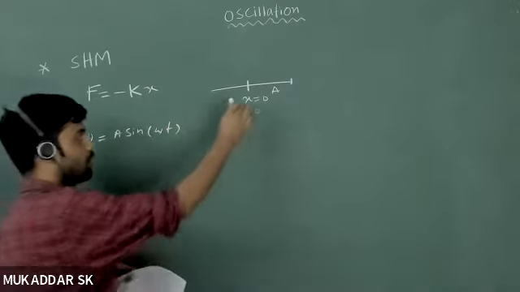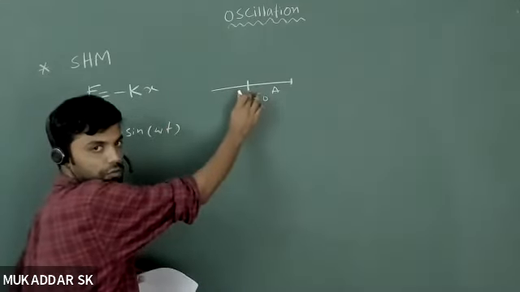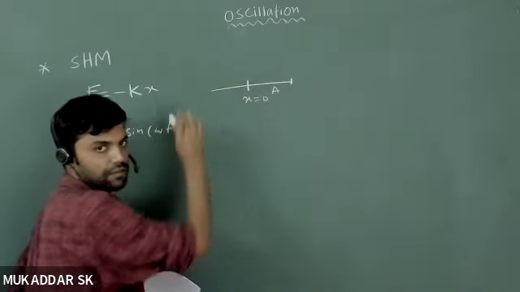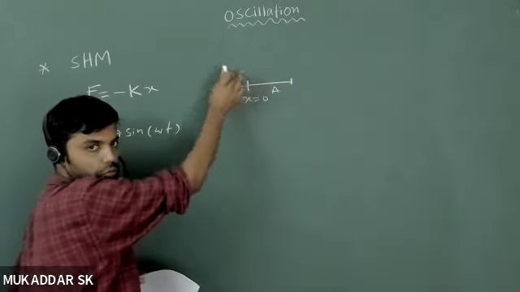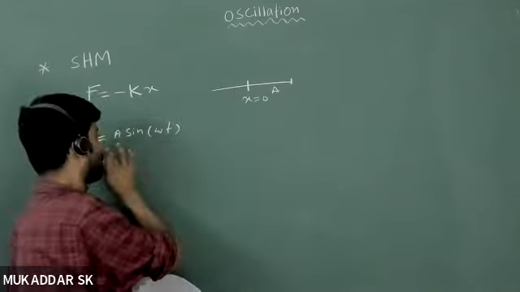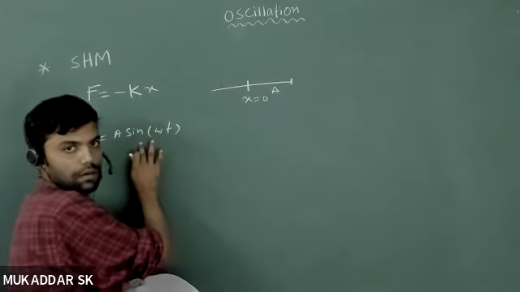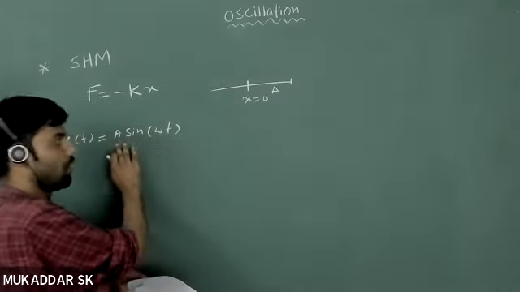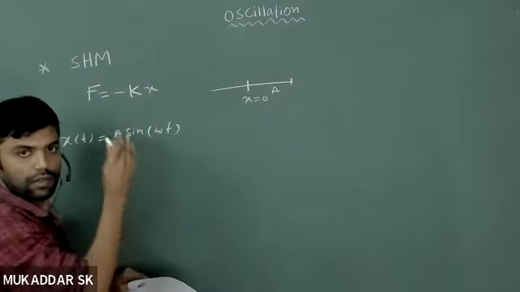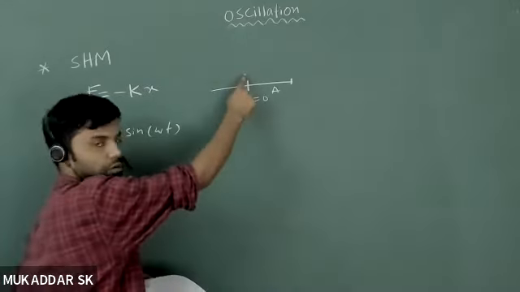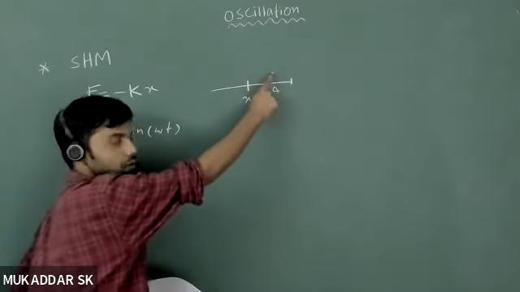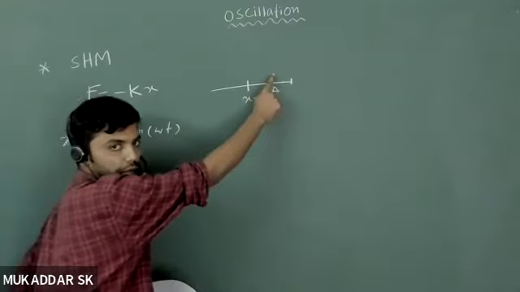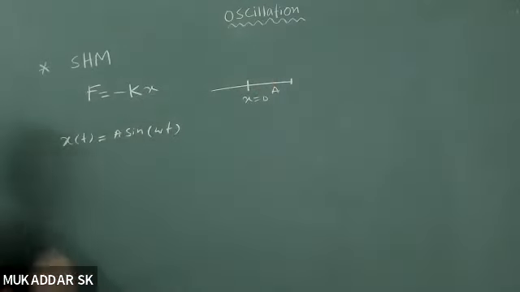If it is displaced from x equals 0 towards negative x, it will be minus a sine omega t. But right now I'll deal with this displacement: at t equals 0 it is at the equilibrium position, and when you apply force it will displace towards positive x. So in this situation, x(t) is like this.